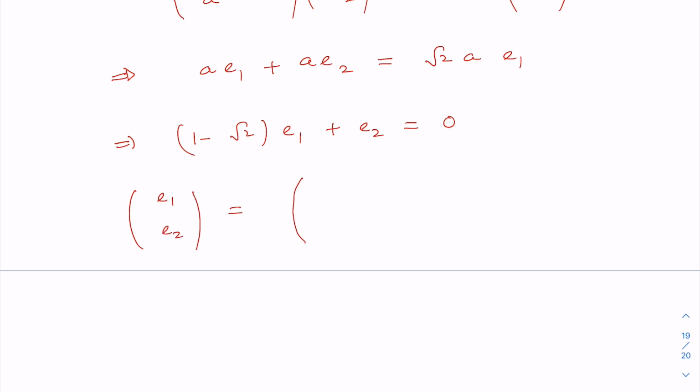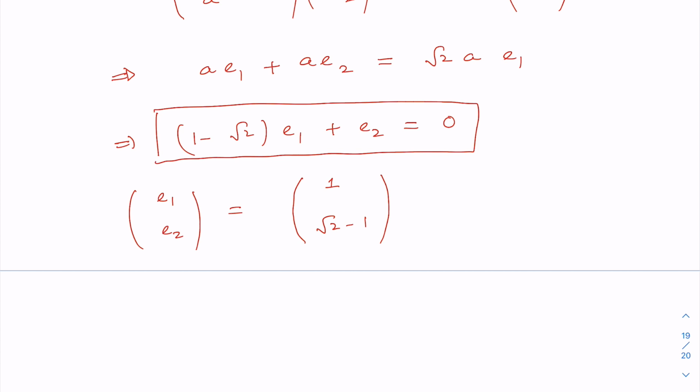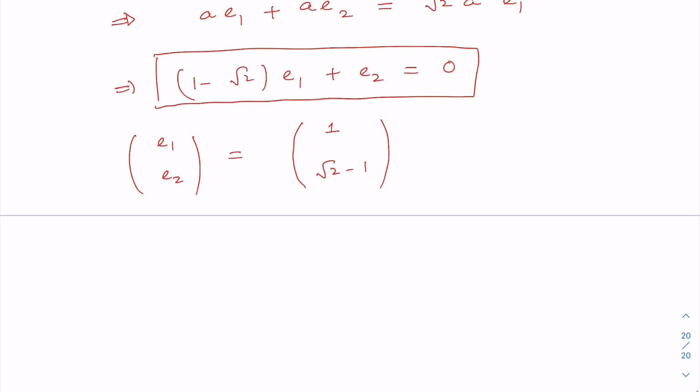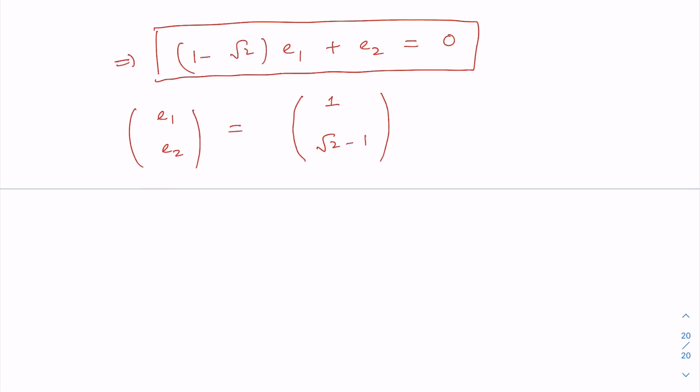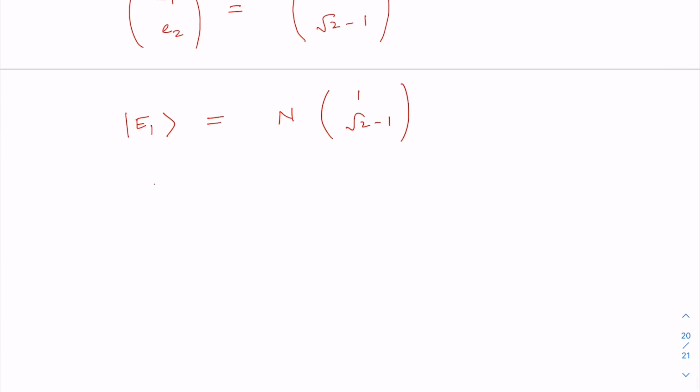If I choose say e1 is equal to 1, then e2 has to be root 2 minus 1, then only this equation would be satisfied. Now this is the eigenvector, but this has to be normalized.